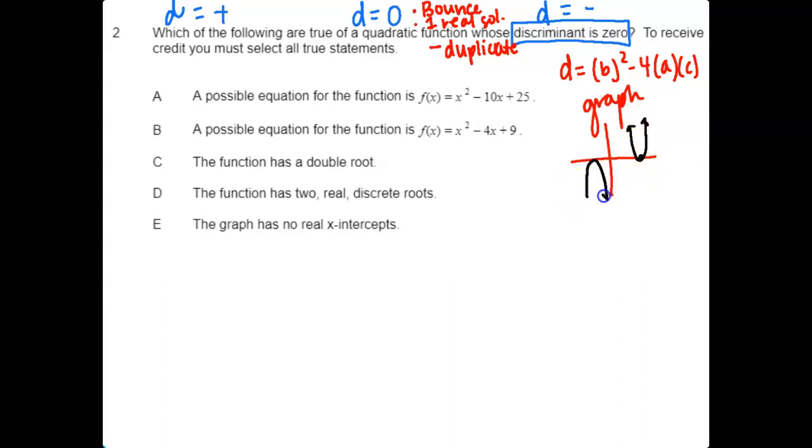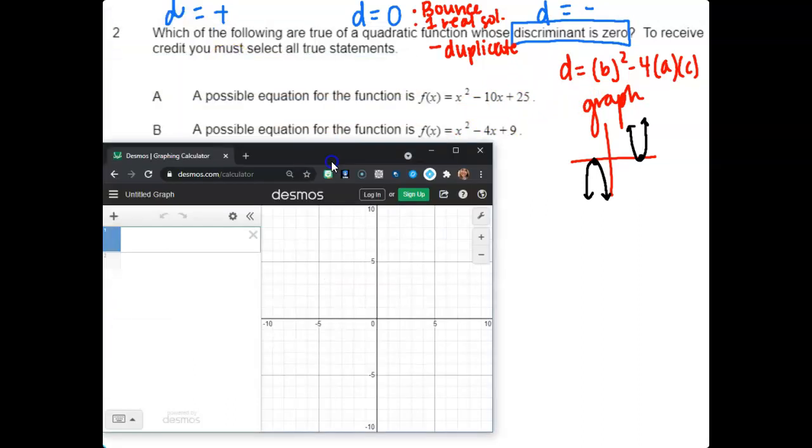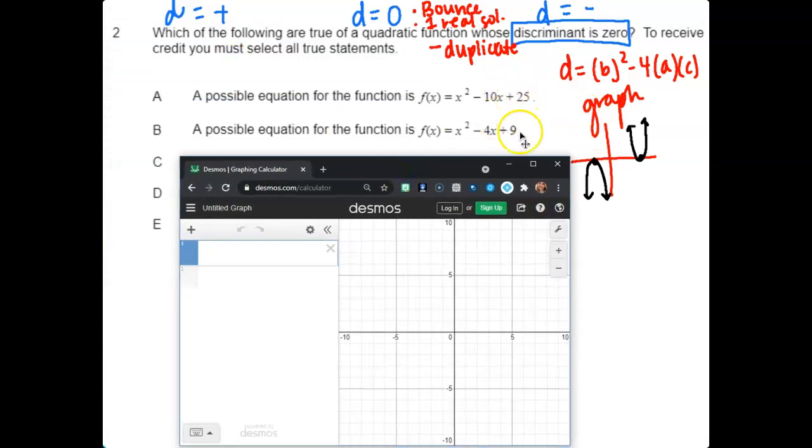Or maybe it's like this, something that touches the x-axis one time and then goes the opposite direction, just a bounce. So I would personally graph these. I think that is a better use of our time. Again, you could solve for the discriminant for both of these. That would take a little more time, but you could do it.